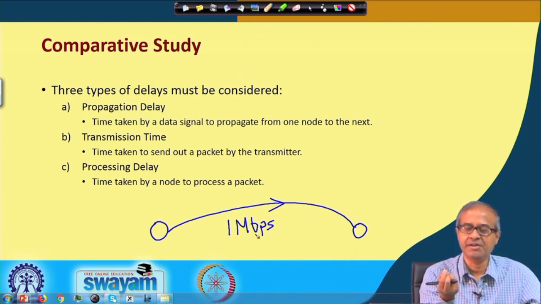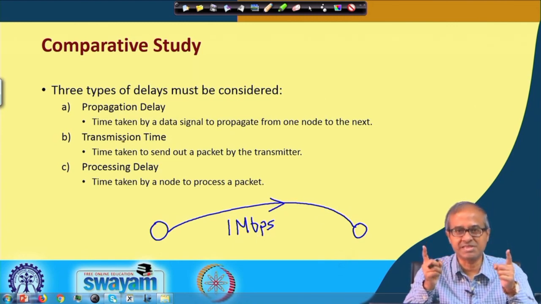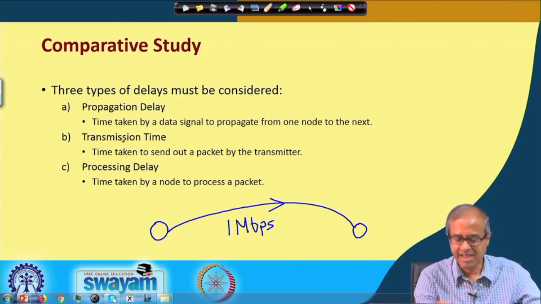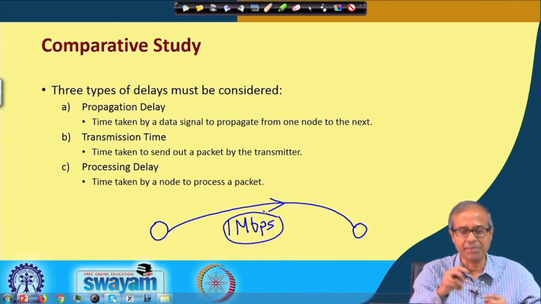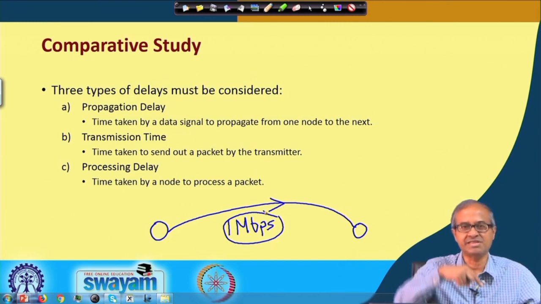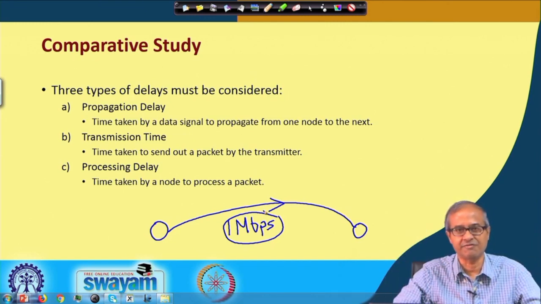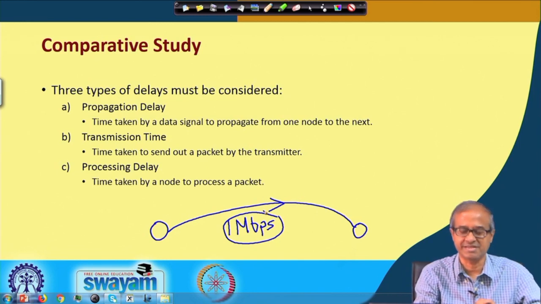Every bit will take 1 microsecond, 1 by mega. So, 1000 bits will take 1 millisecond. That is the transmission time. It depends on the size of the message and the bandwidth of the link. It does not depend on the propagation delay, whether it is a satellite link or a copper link. So, these are two separate things.